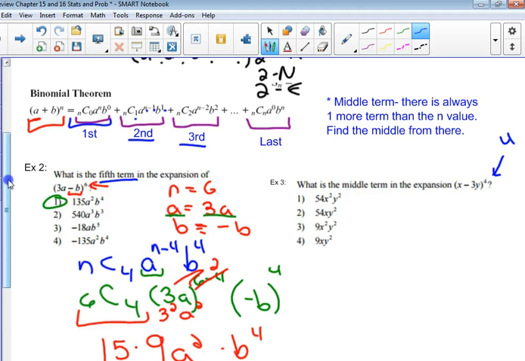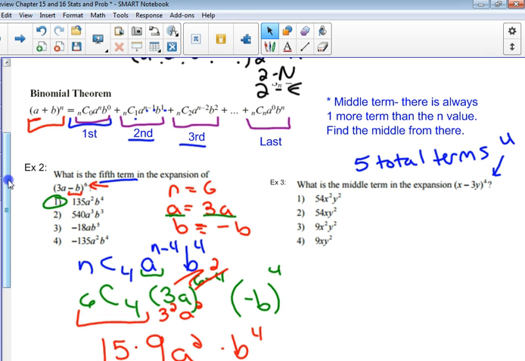There'd be 5 terms total. There's always one more than whatever the exponent is. So I want you guys to think about, even if you held out your fingers, if you knew that there was going to be 5 total terms, which one of them is the middle? The third one, good. So the middle term here is actually the third term.